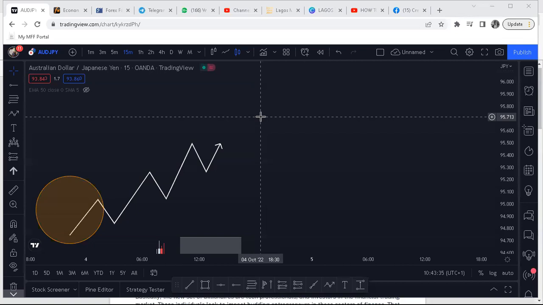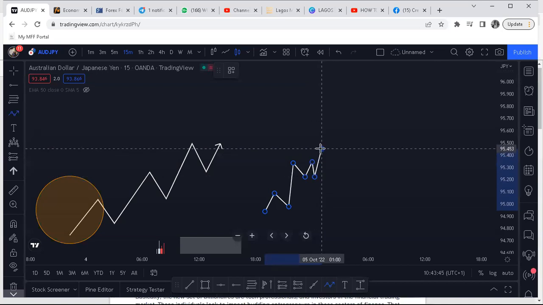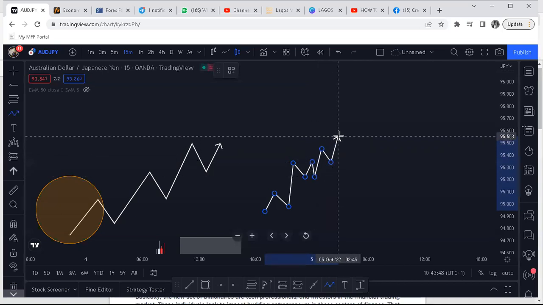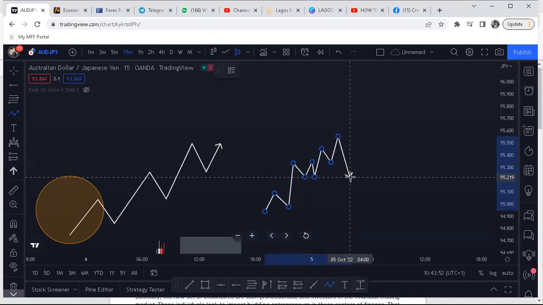What do I mean? We have something like this: up, up, double bottom, up, up. Then there's another block lying down here. It has now come and cleared out all of this.